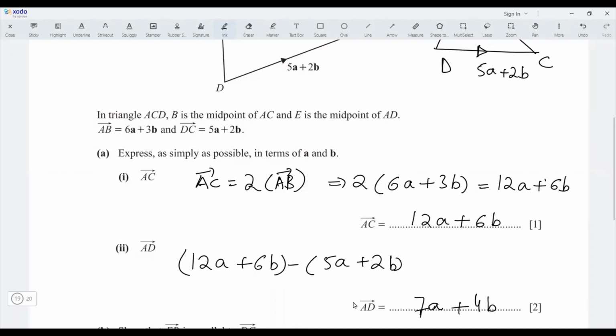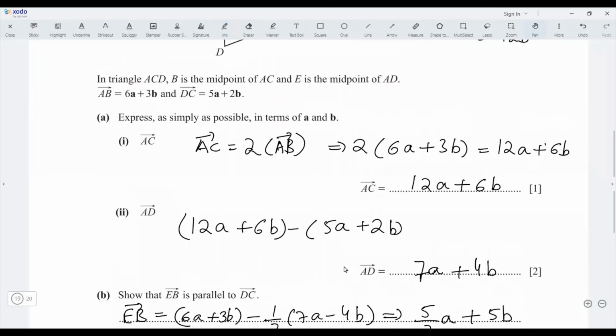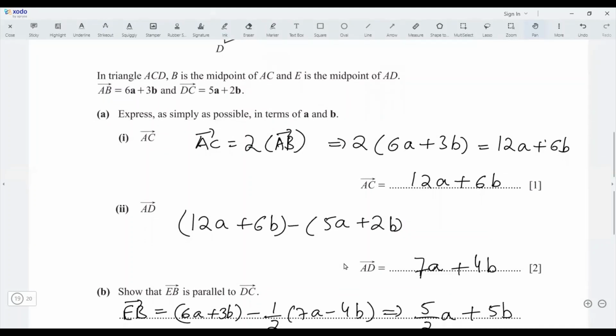This is the answer for AD. So quickly moving ahead, it's basically 6a plus 3b minus half of 7a plus 4b is to be written here. So 6a minus 7 by 2, meaning 3.5, is 5 by 2 a, and 3 minus 2 must give us 1b. So the answer is 1b.